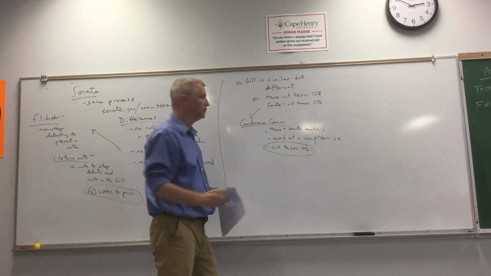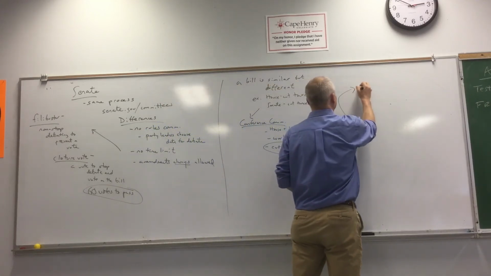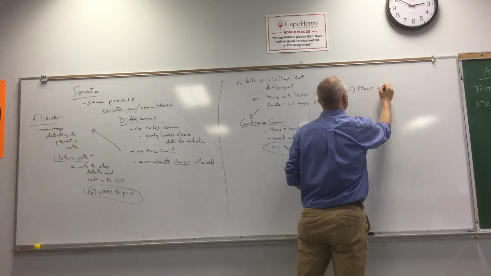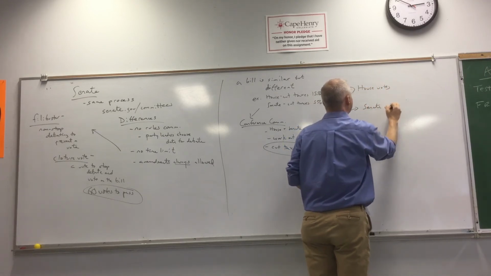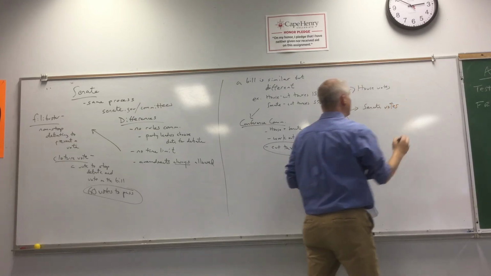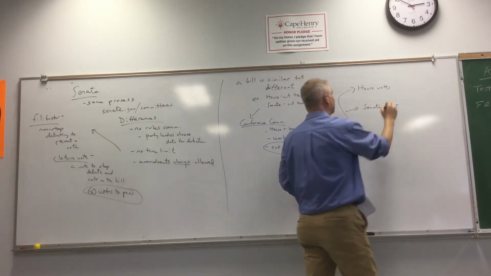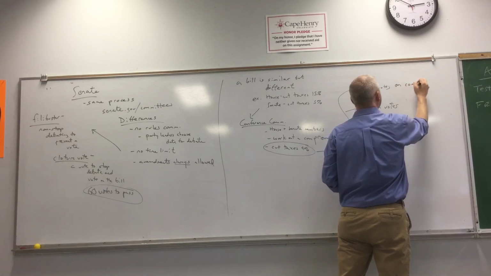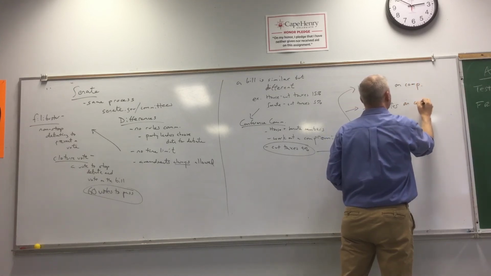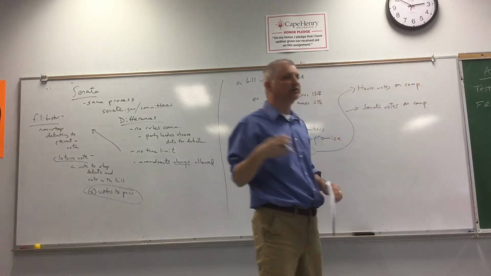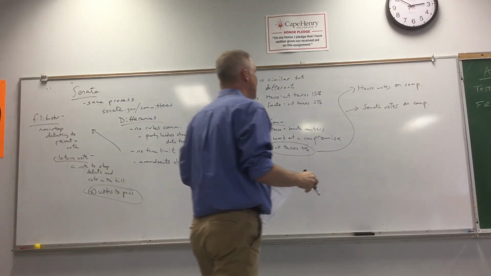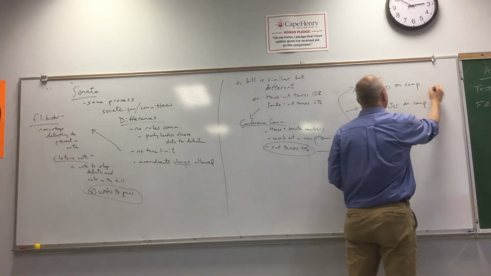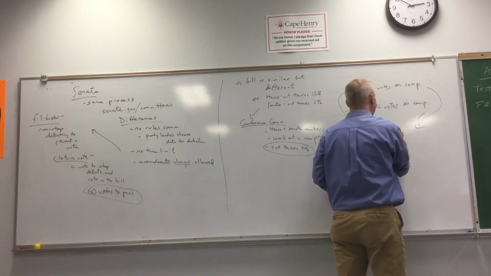And they approve that, then the House votes on the compromise bill. The Senate votes on the compromise bill. It doesn't go back through the whole process through committee, they just vote on whatever the conference committee agreed upon. And let's say that they both vote yes, then it goes to the president.